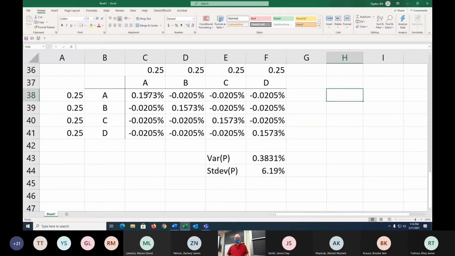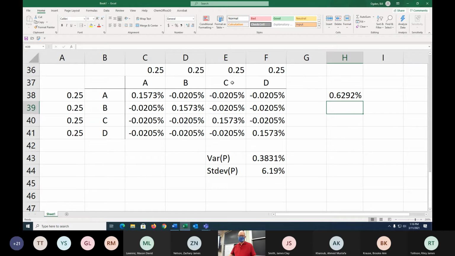How many variance cells do I have? We know they're all the same, right? So I have 4 variance cells. So I'm going to say equals 4 times, and pick any one of the 4. So maybe this one. Okay. I have 12, right? 1, 2, 3, 4, 5, 6, 7, 8, 9, 10, 11, 12 covariance terms.